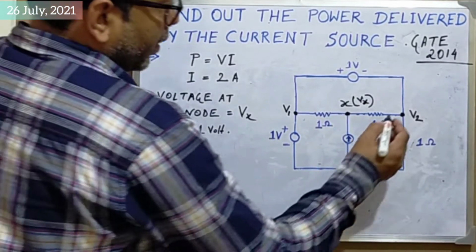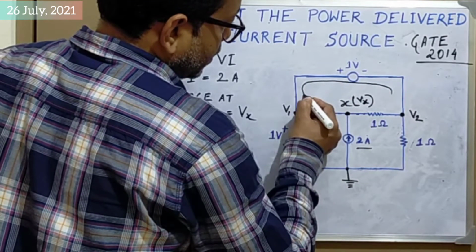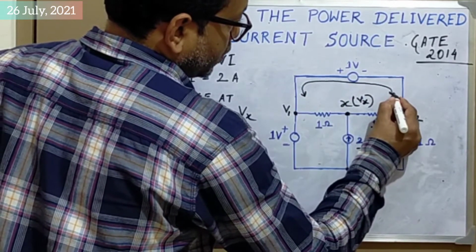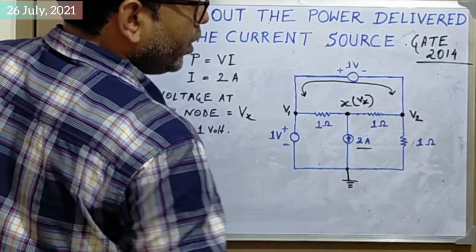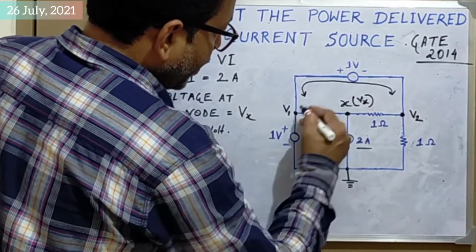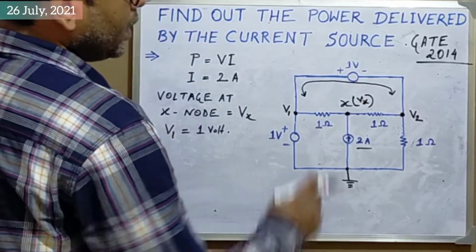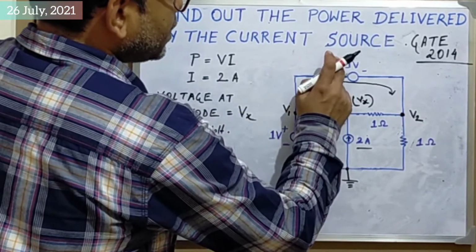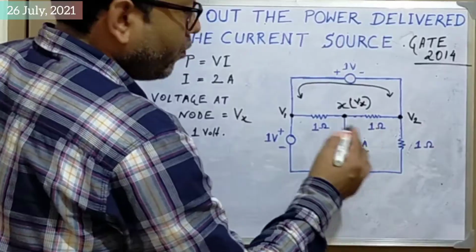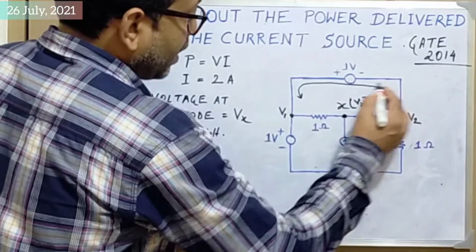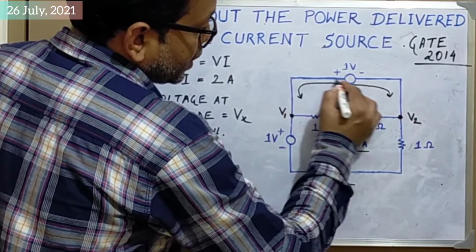Again, if we consider this branch, there is a node V1, there is another node V2, and in between the V1 node and V2 node 1 volt is applied. So we know that this applied voltage is nothing but the potential difference between this node and this node. Whenever we are considering this branch, at that time the potential difference, that is V1 minus V2, is nothing but the supply voltage.